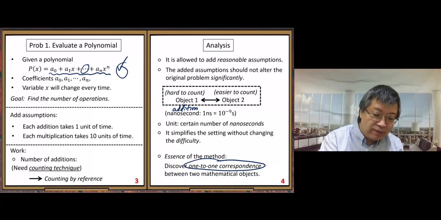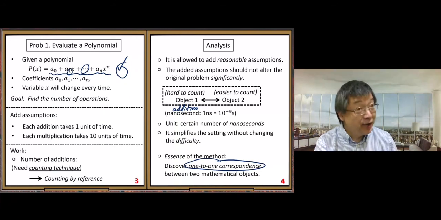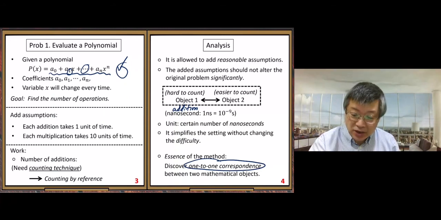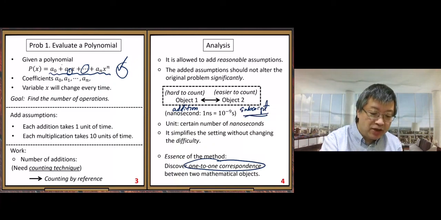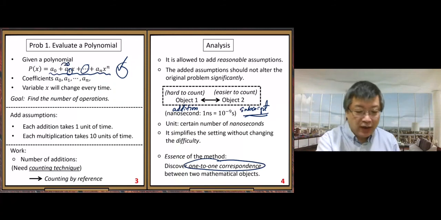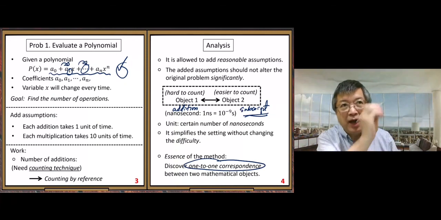Look at the subscript, A sub 1. Is that another mathematical object? So our object 2 is the subscript. You can see the first plus sign is associated with the first subscript, the second plus sign with the second subscript, and so on.